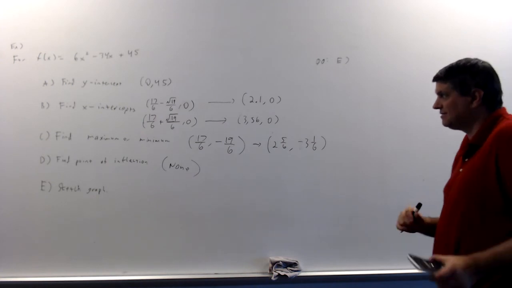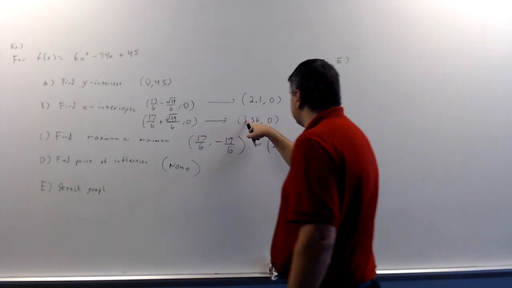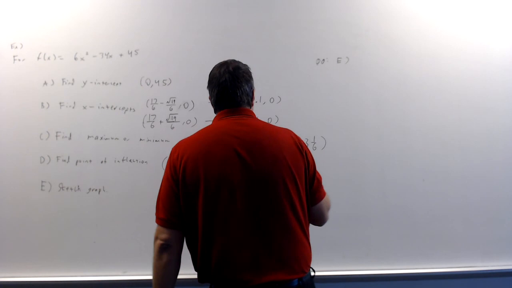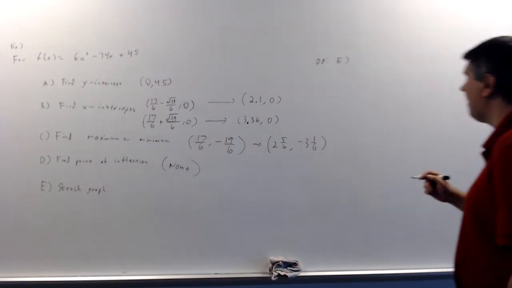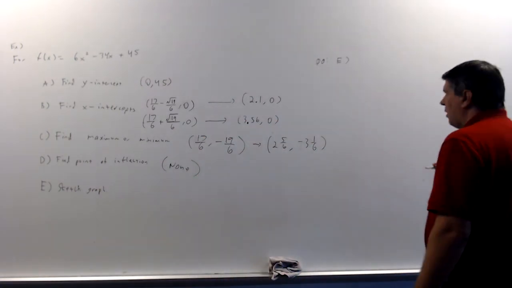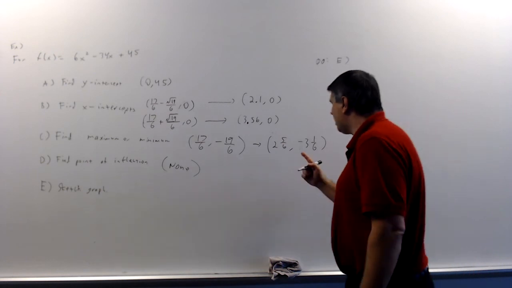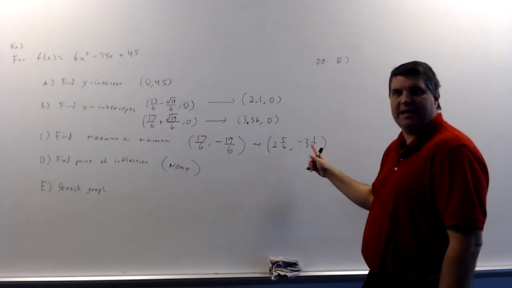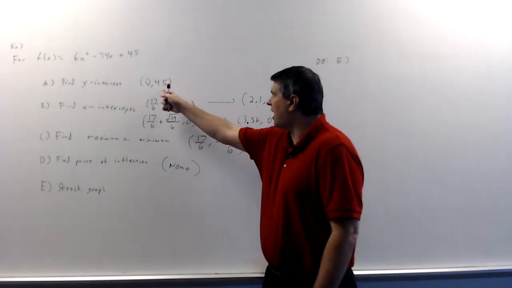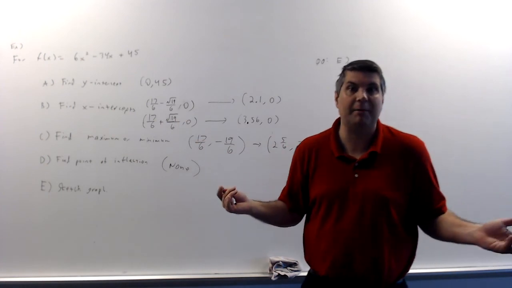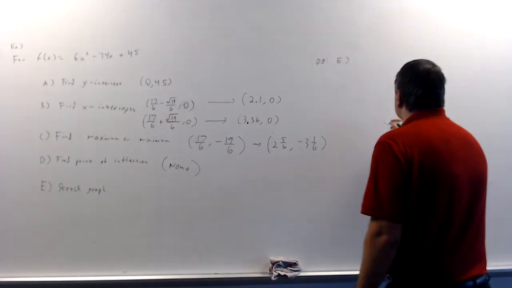All right, so I think that's adequate for what we have to do. So we need to go as far down as negative 3 and some change, and as high up as 45. I propose a scaling by 5.